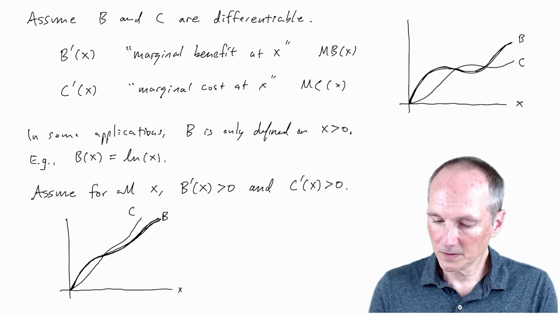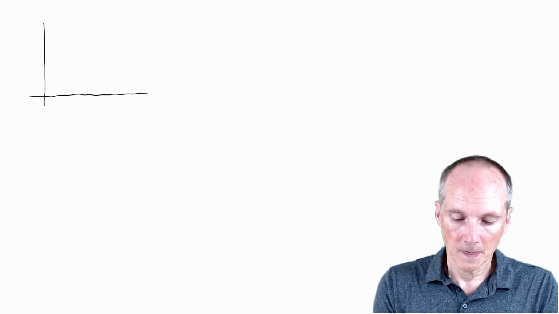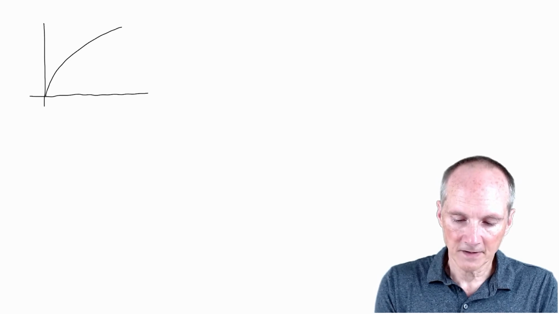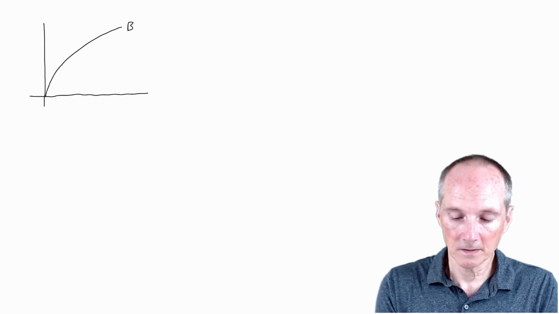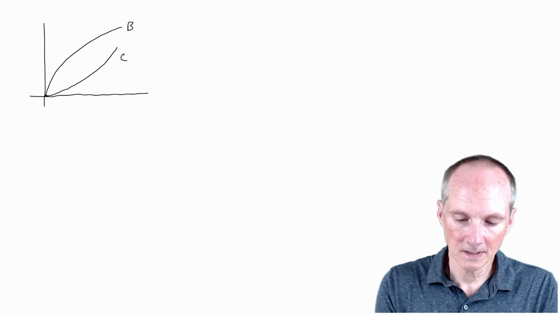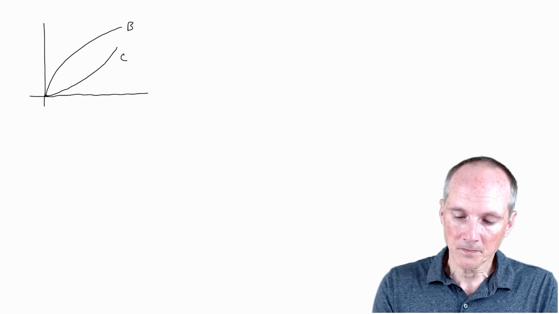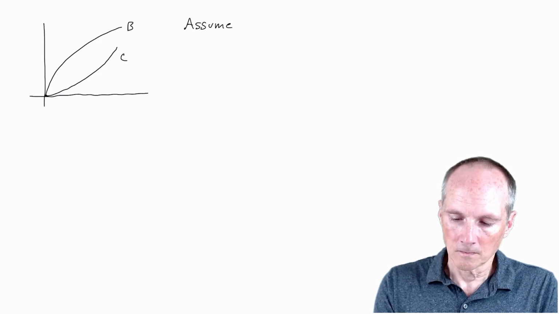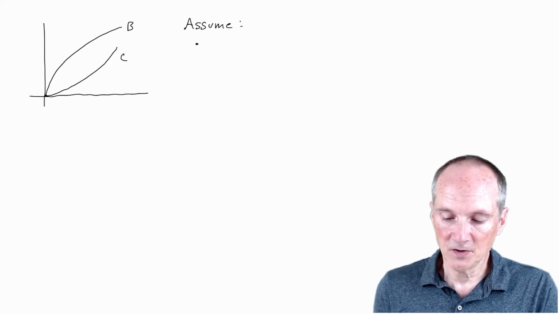So we're going to focus on benefit functions that have this kind of concave shape, and cost functions that have this kind of convex shape. We're going to split this assumption up into two parts.